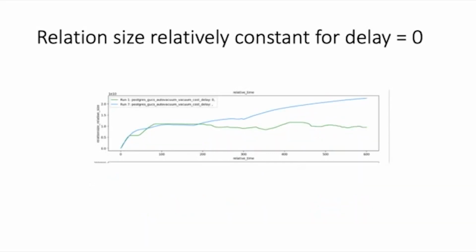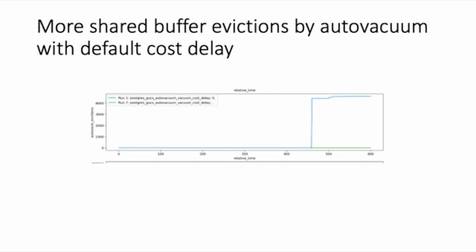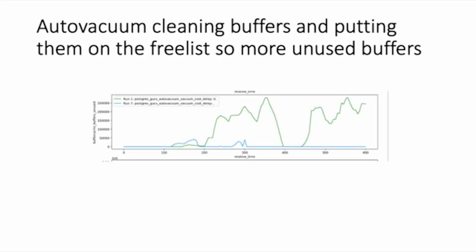And then the relation size stays relatively consistent with it set to 0. And this was just that the auto vacuum has more cache hits, so it's finding the things that it's vacuuming in shared buffers more. And more evictions, more of the same. Oh, this one was interesting. This is from pg_buffercache, and it's the unused buffers.